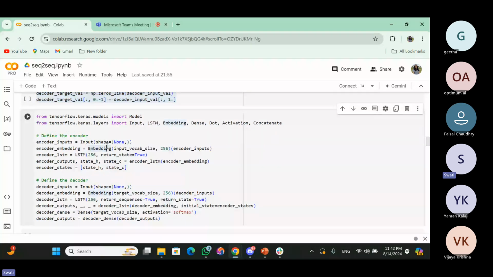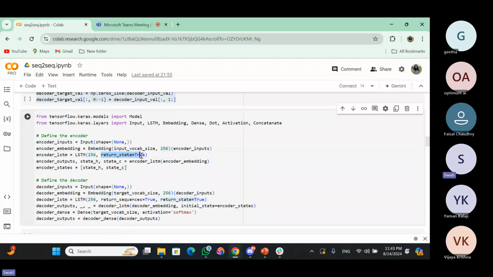And we define our encoder and decoder. First, for the input shape, we are not giving any particular shape, since the padded length can vary. We are converting the words into 256-dimension vectors, embeddings. Then we give an LSTM with the same 256 units.